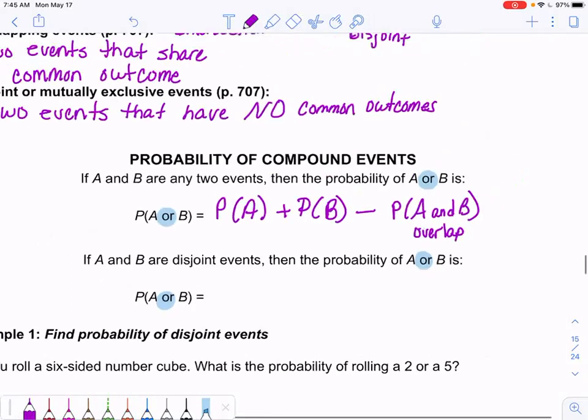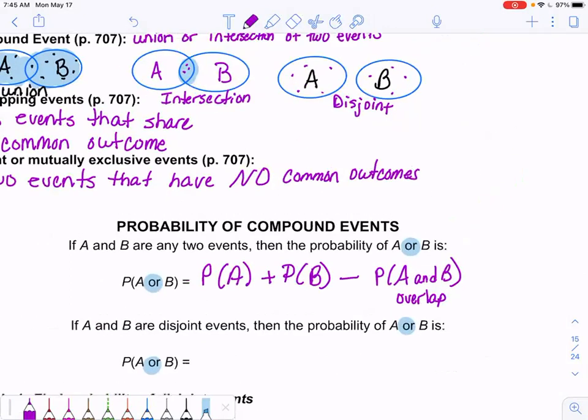So I'm finding the probability of A, I'm finding the probability of B and adding them together, but I have to subtract that little part that overlapped because they both have that piece in common and I can't count it twice. So the overlap is the probability of A and the probability of B occurring.